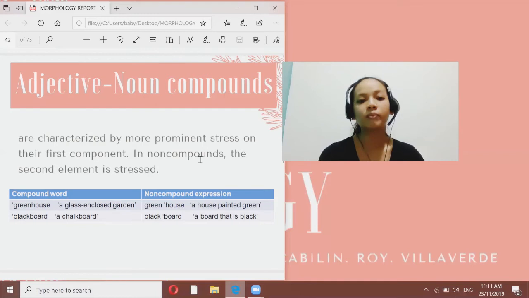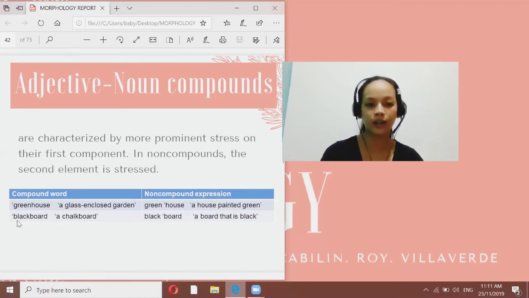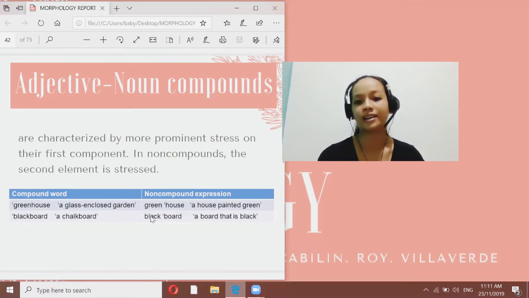But for non-compound words, meaning two separate words, the second element, or the noun, is the one that is stressed, like a green house, which means a house painted green. And then going back to the compound word, we can say a blackboard, which means a chalkboard. In that word, the stress is on the adjective black. On the other hand, if we talk about the non-compound expression, we say a black board, which is literally a board that is black.